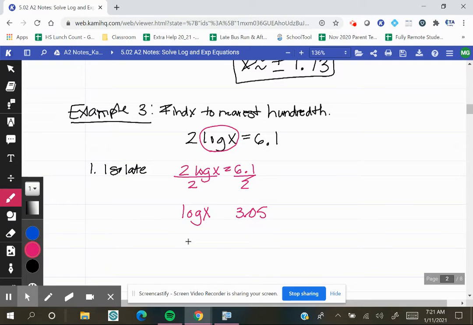Once I have my log isolated, then I want to rewrite it in exponential form.